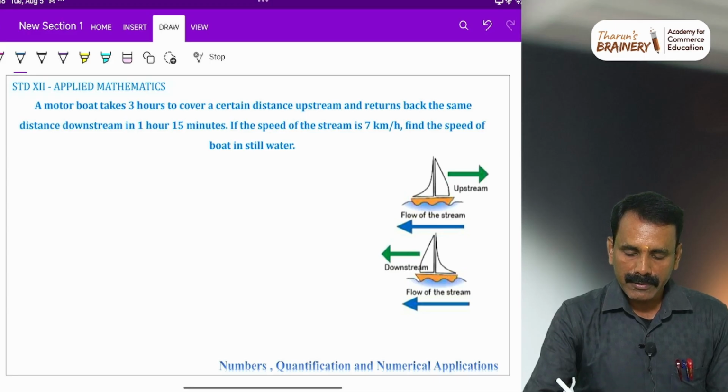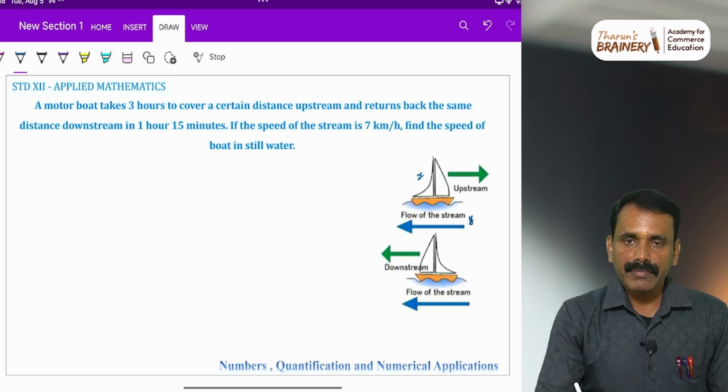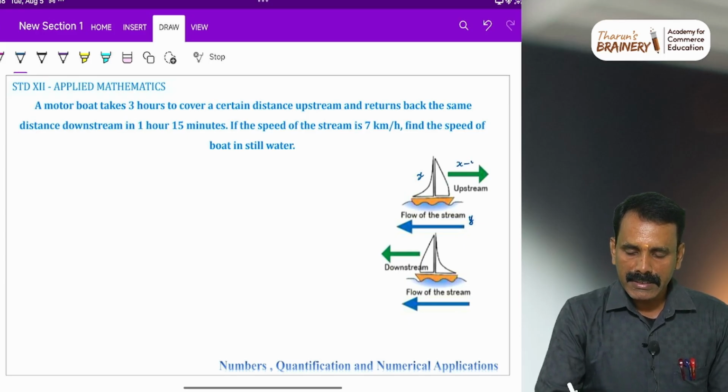So we take the speed of the boat in still water to be x km per hour, speed of the stream to be y km per hour. So speed of the upstream, the boat travels against the flow of the water, so its speed reduces. So it is x minus y.